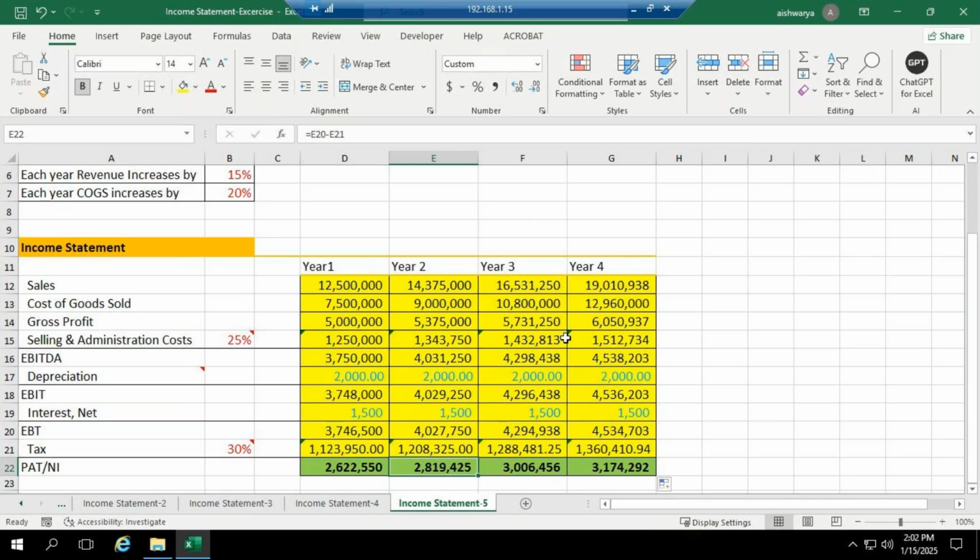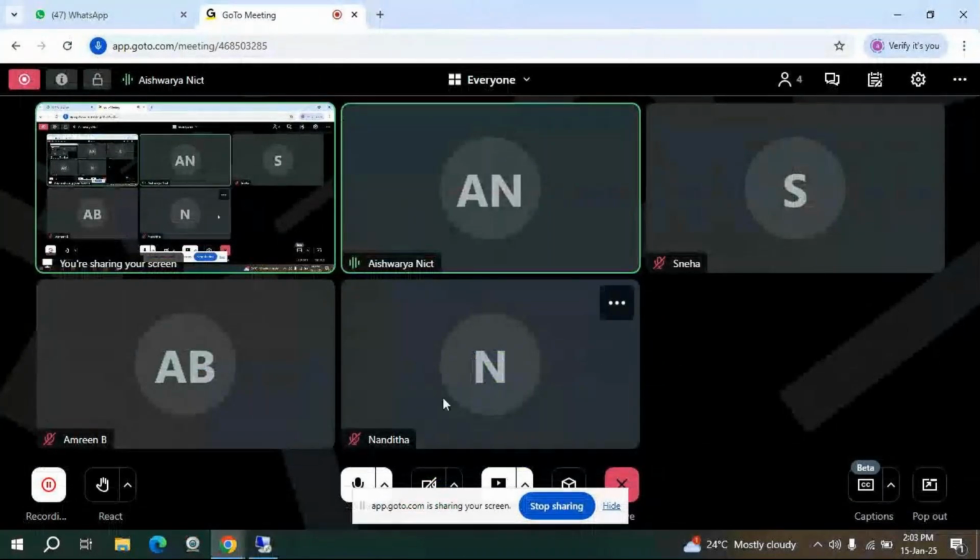So shall we move on to the cash flow statement today? The next topic is about the cash flow statement. I'll give you 2 minutes. If you want to do this exercise, you just write it out, and if you have any doubts, you just ask me.